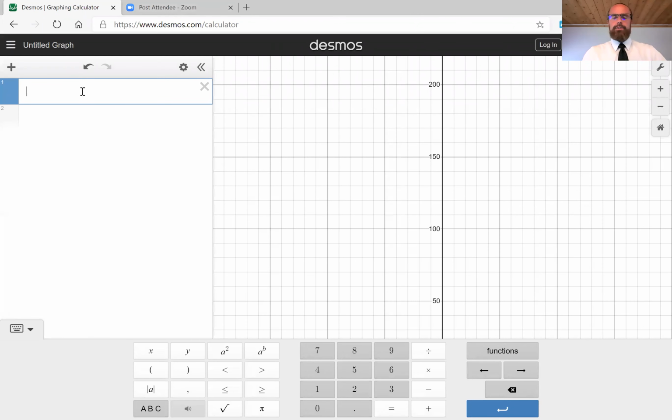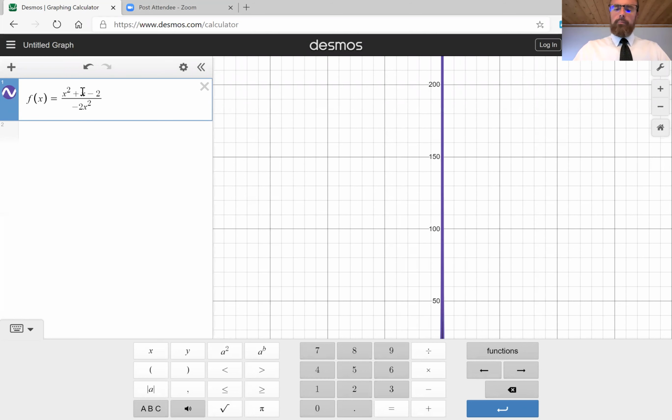And once we reach Desmos, I'm going to just type f of x. I'm going back to the original, equals, I hit divide to give the fraction. So in the numerator is x squared plus x minus 2 over negative 2x squared plus 8x minus 6. And that's good.